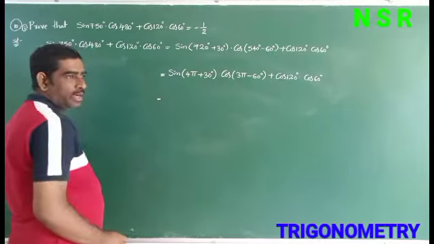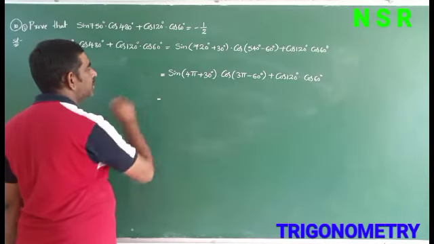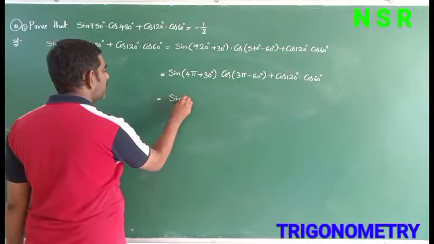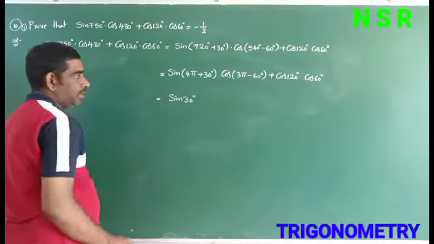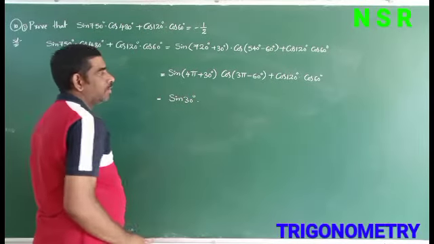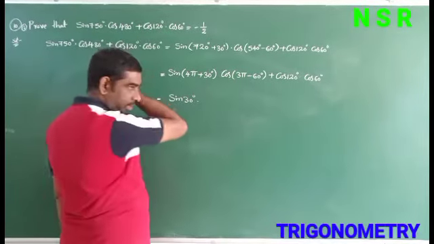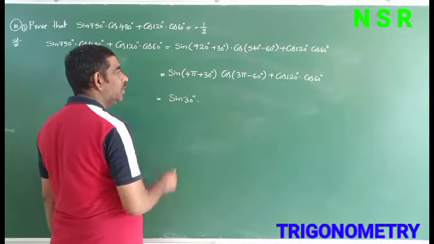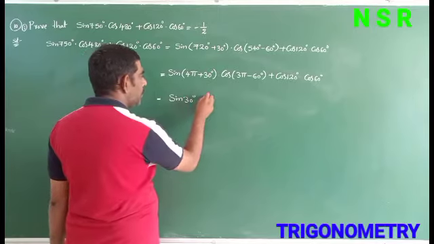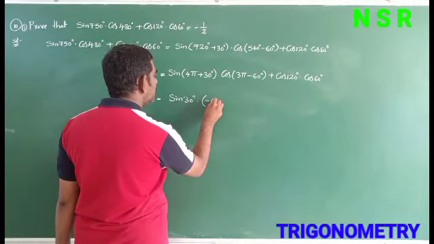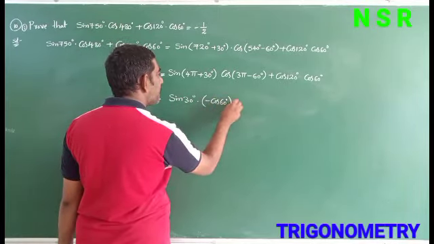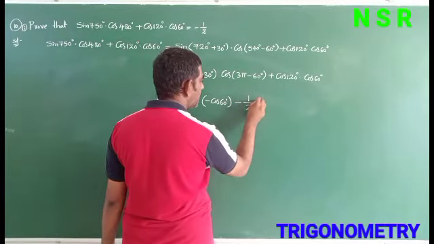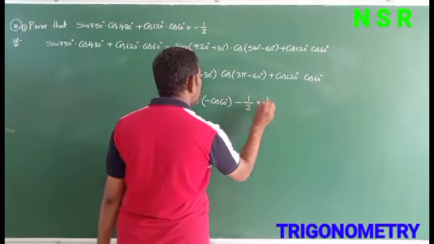4 pi we can write as 2 into 2 pi, 360. Sin(360 plus theta) is in the first quadrant, so here we get sin 30. Into cos(180 minus theta), which is in the second quadrant, so it is negative, minus cos 60. Next, cos 120 value is minus 1 by 2, cos 60 value is 1 by 2.